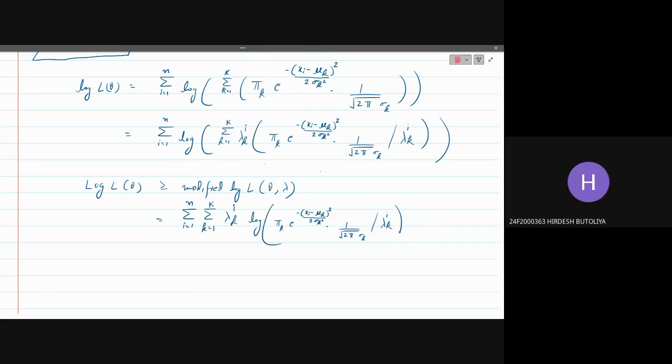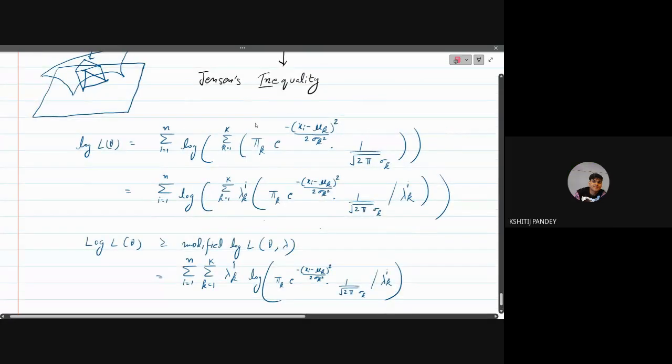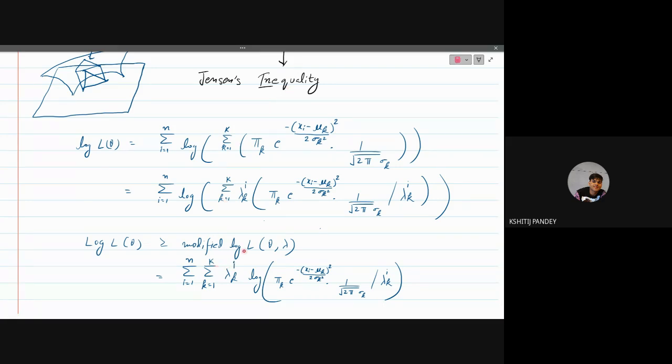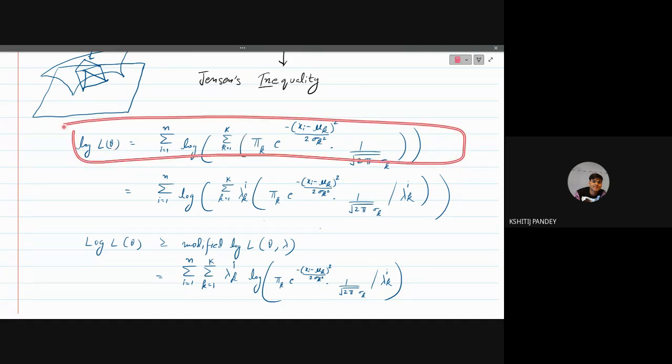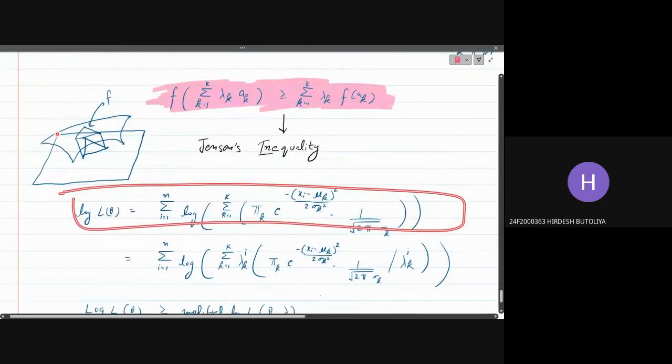Sir, I am not getting it. What is the use of lambda ik? Yeah, we'll come to that. As of now, we have introduced this lambda ik to use Jensen's inequality. Without this lambda ik term, you cannot use Jensen's inequality here, right? Yes, sir. Correct.